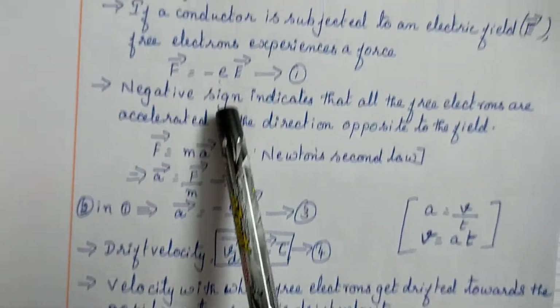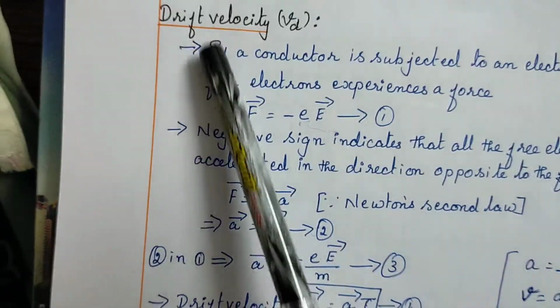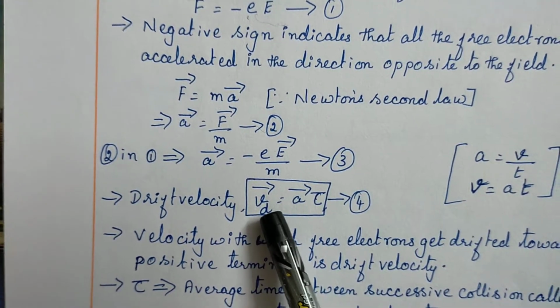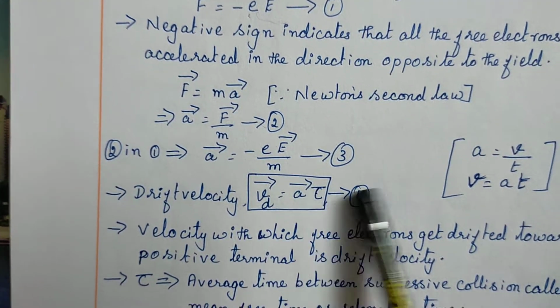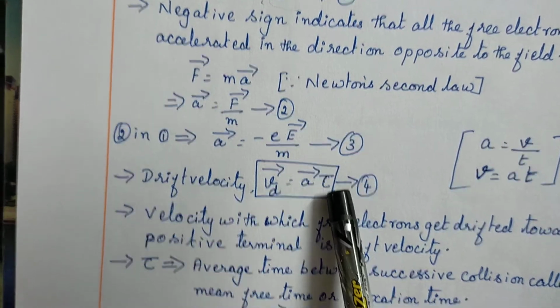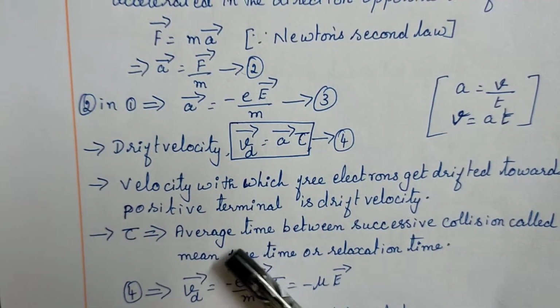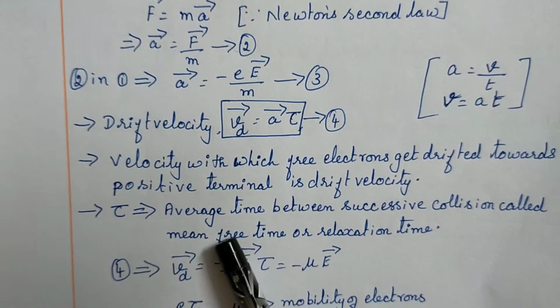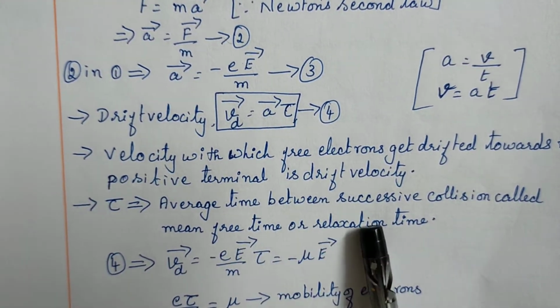Here we need to find the expression for drift velocity. Drift velocity is denoted as v suffix d. The time t here we denote as tau, the average time between successive collisions. This is also called the mean free time or relaxation time.